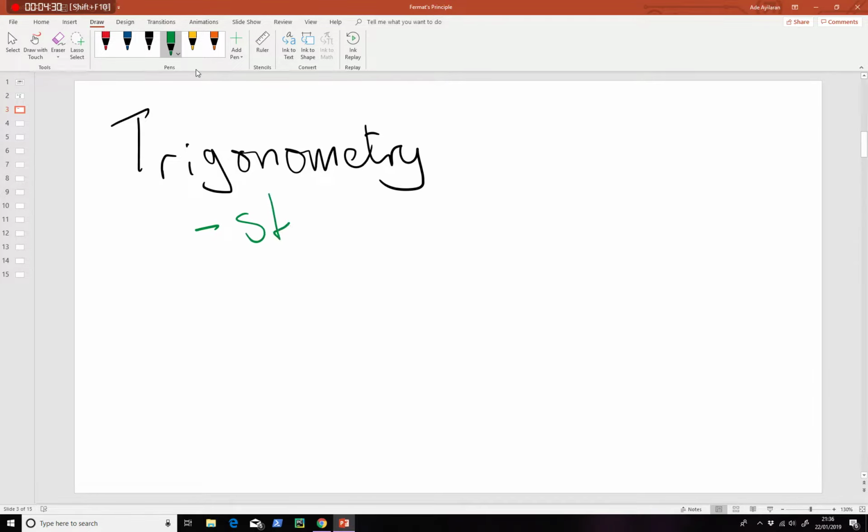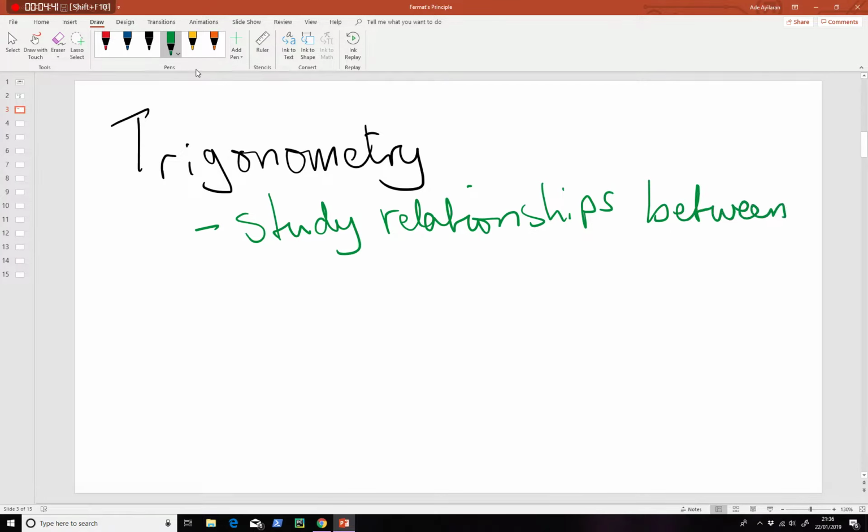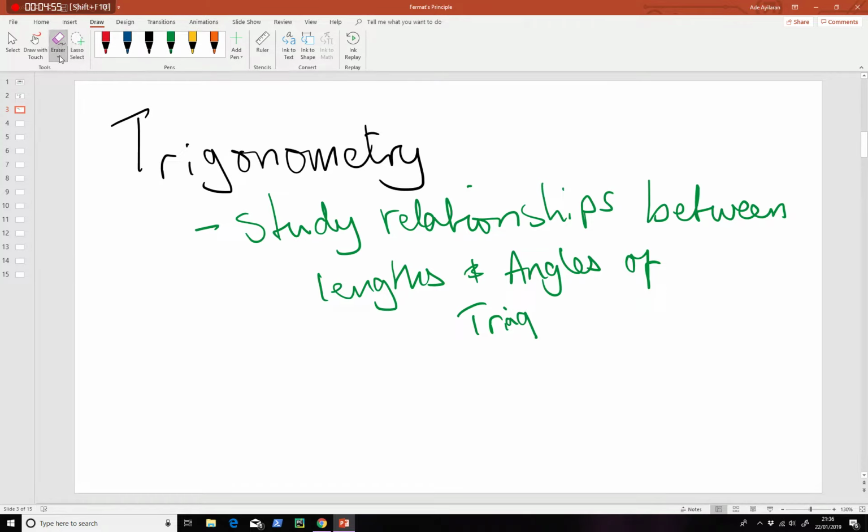So trigonometry is used to study relationships between lengths and angles of triangles. Okay. And the second thing we are going to use is calculus.